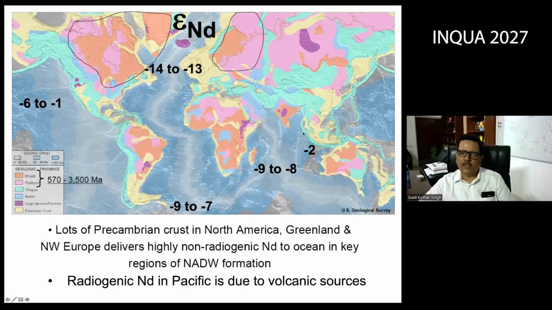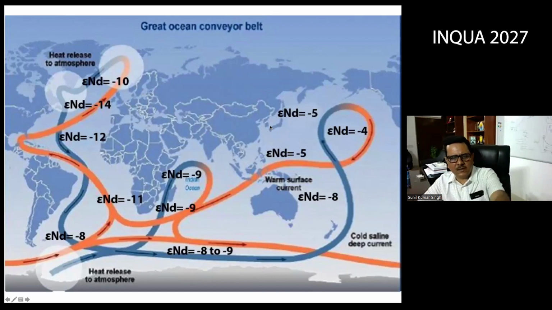Coming to the Indian Ocean, till now people have been thinking that it is a mixture of Atlantic and Pacific. So you can see it is minus 9 and minus 8, because not many studies were there. If you see the ocean circulation pattern, based on whatever studies have been carried out till now, you can see the neodymium value for the different water masses.